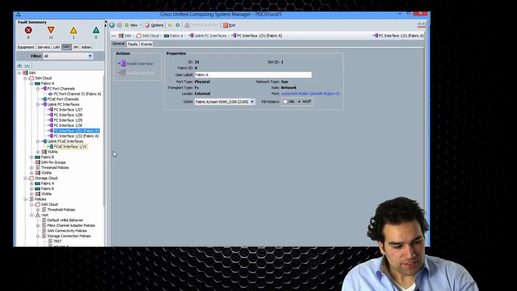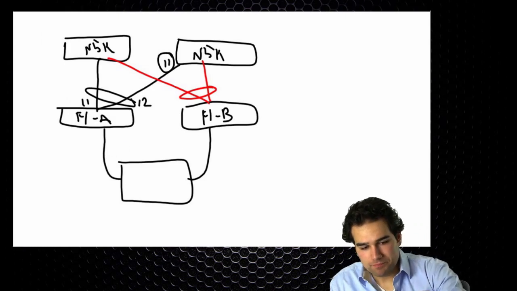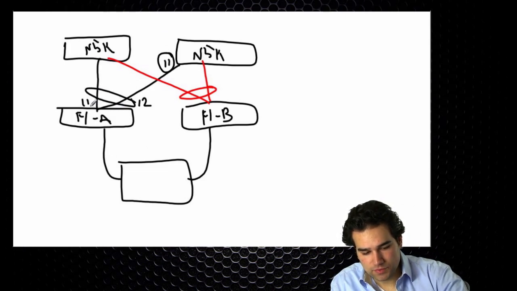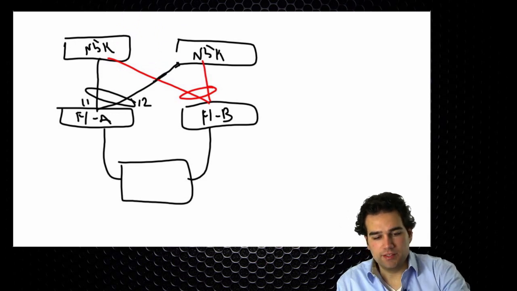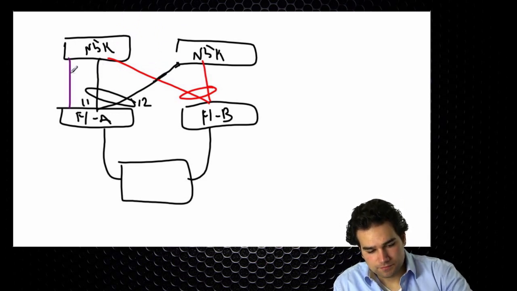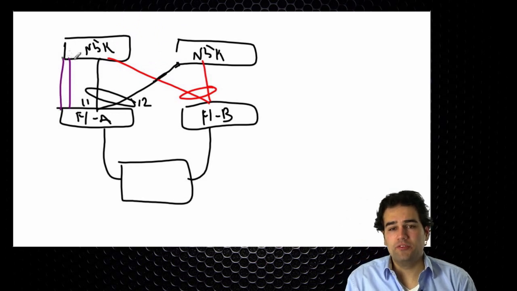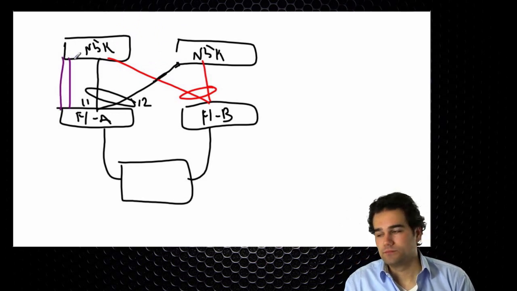So what I'm doing is, currently I have the following setup. I need to disable 11, sorry. What I did is I have two links to two Nexus 5Ks. Along those two links, I also have two fiber channel links.